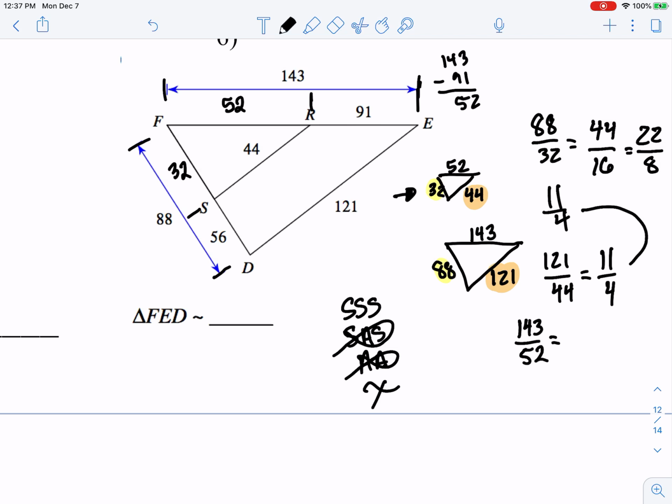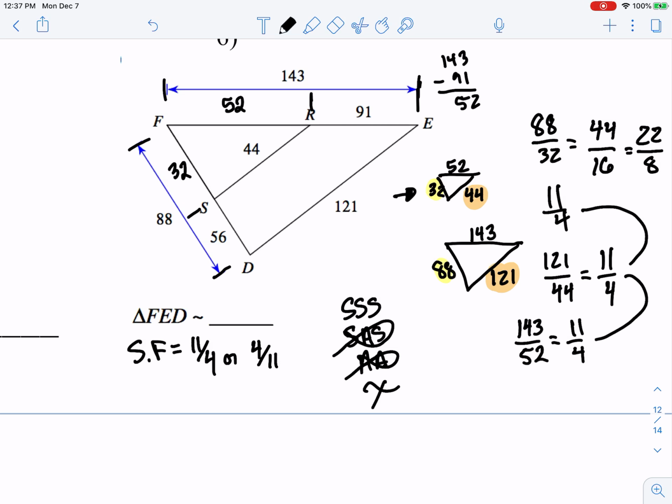If I divide both of these by 13, I get 11 over 4. And because all 3 side proportions were 11 over 4, my scale factor is 11 over 4, or the opposite, depending on how you read it.